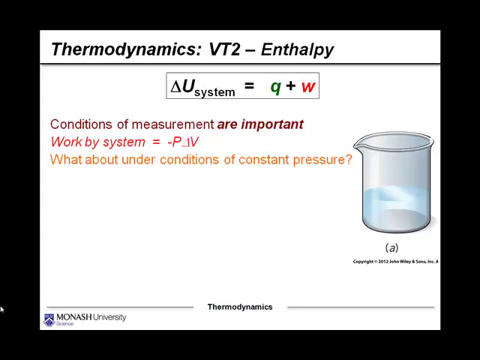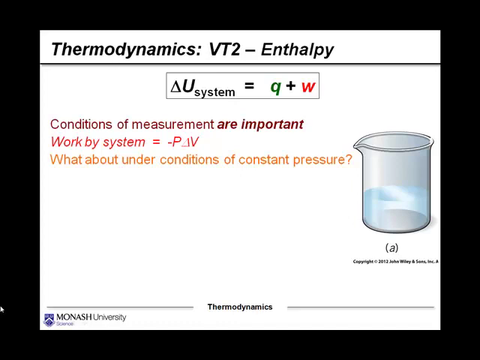More often than not, we might be doing a chemical reaction in a beaker like this or some other sort of vessel. So the volume is open to change. It might change by a tiny bit. It might change by a lot. I don't know, but it's certainly not a constant volume. But if it was open to the atmosphere like this, well, we could say that the reaction is done under conditions of constant pressure, right?